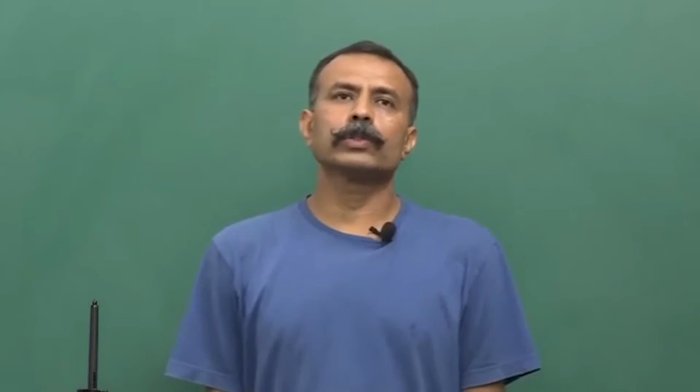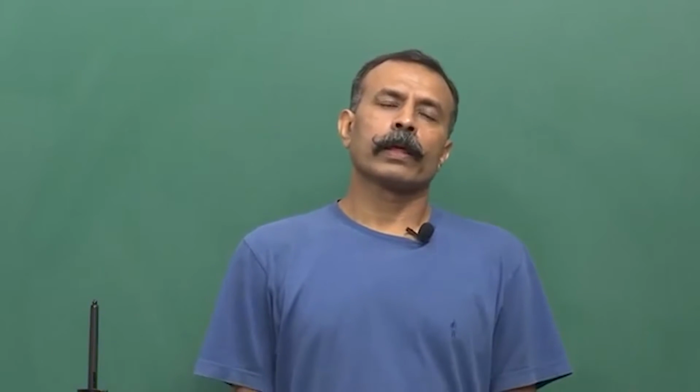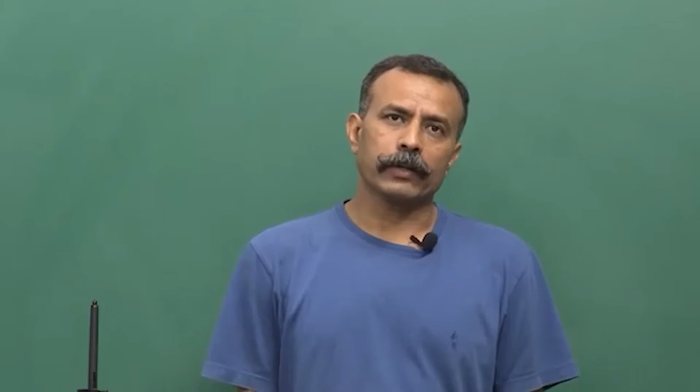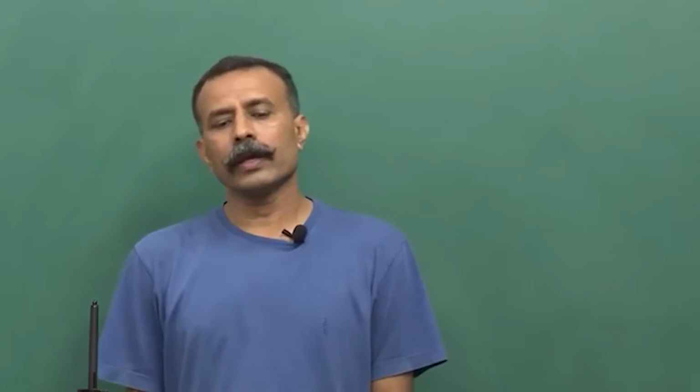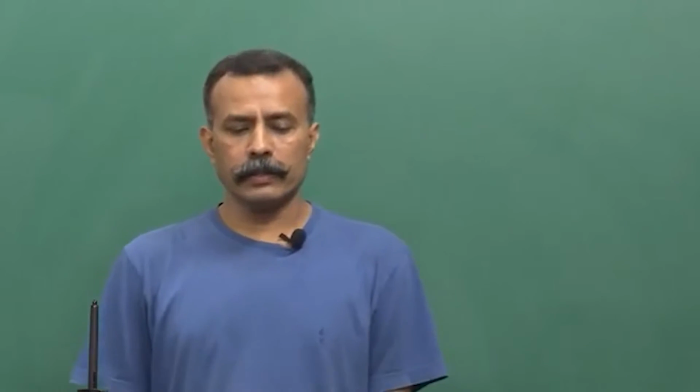Then we talked about a degenerative disease affecting the ventral horn motor neuron, ALS, amyotrophic lateral sclerosis, and we talked about the similarities and dissimilarities.